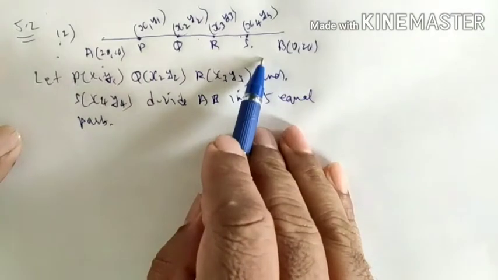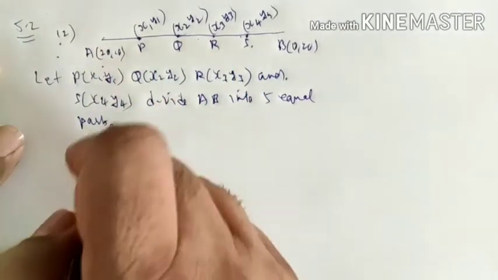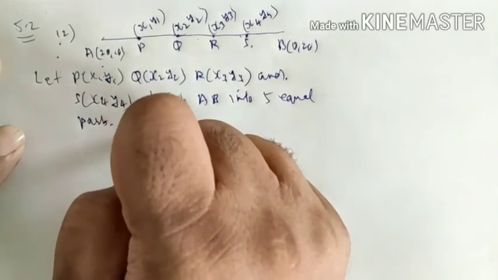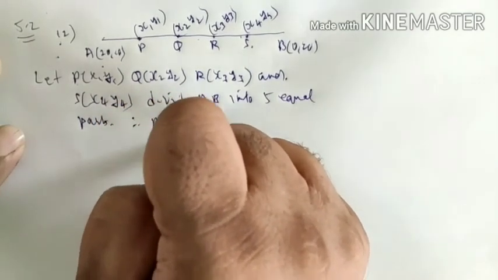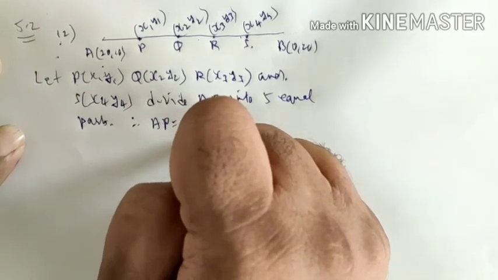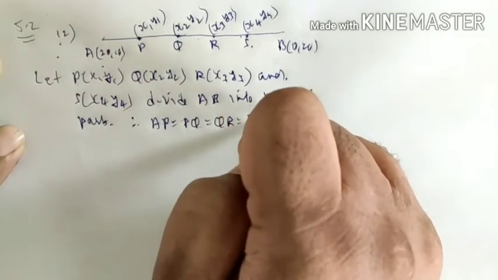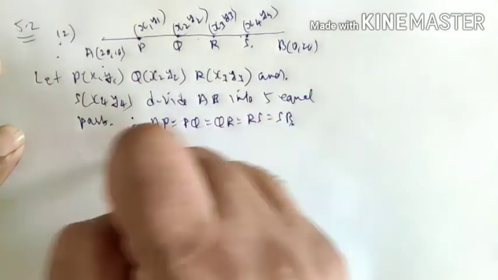So PQRS divide AB into 5 equal parts. Therefore, what we get here? We get AP is equal to PQ is equal to QR is equal to RS is equal to SB.